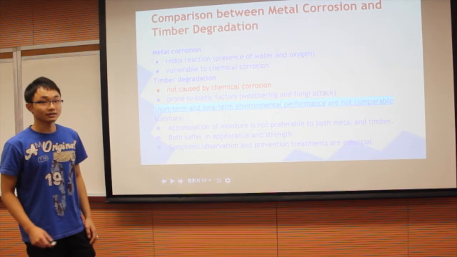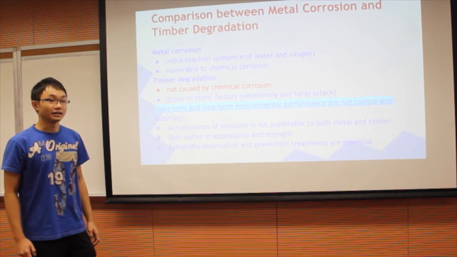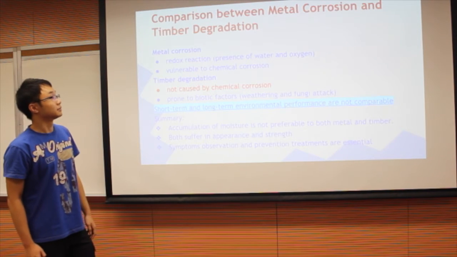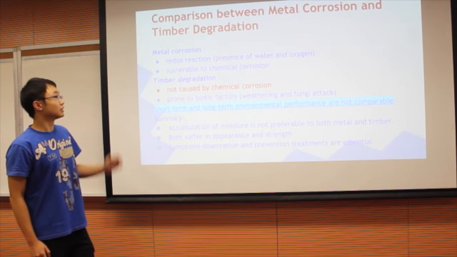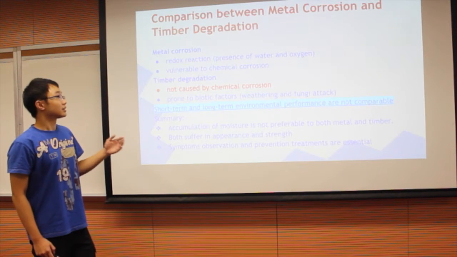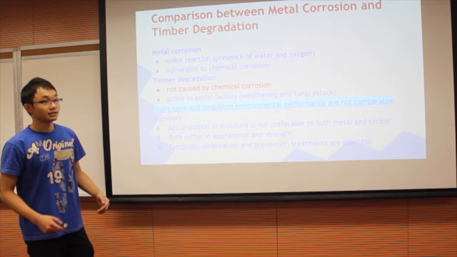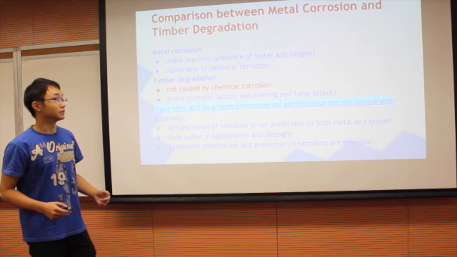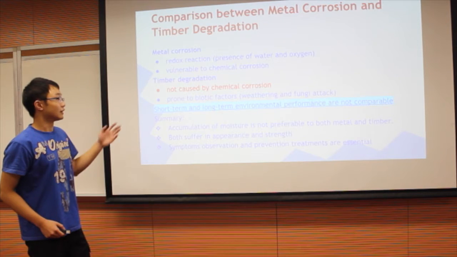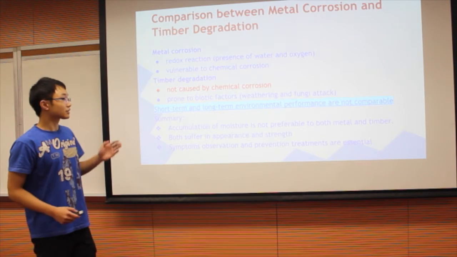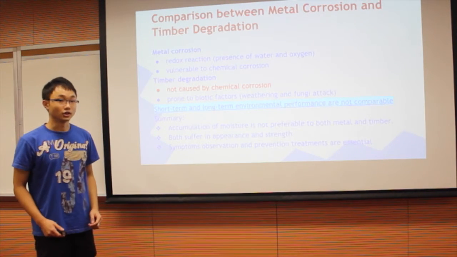After introducing the metal corrosion and timber degradation, we will now have a comparison between them. Metal corrosion is a redox reaction with the presence of water and oxygen, and metal is vulnerable to chemical corrosion. While timber degradation is not caused by chemical corrosion.